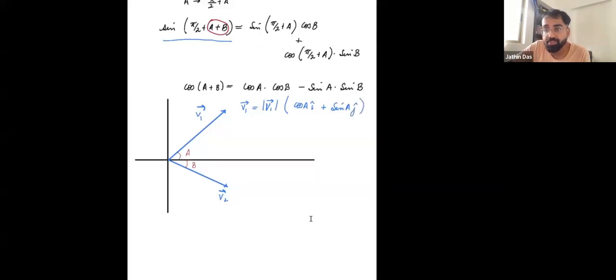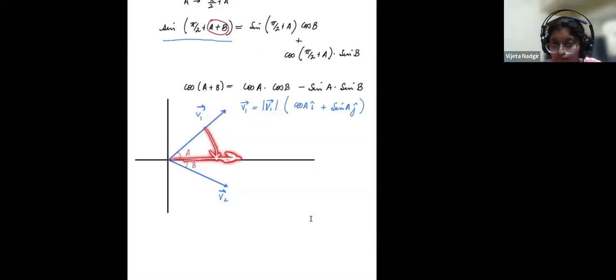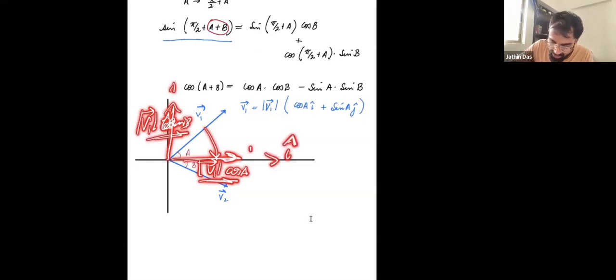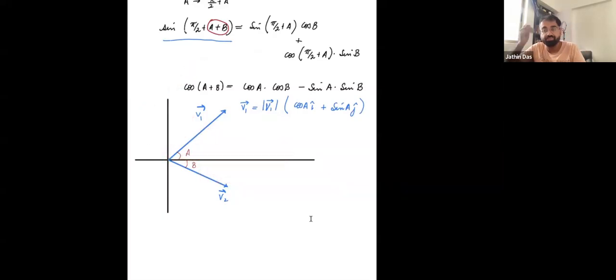Do you know this? I'm resolving the vector. So this will be V1 cos A, and this will be magnitude V1 sin A, which is upward. So this is i cap, the positive x direction, j cap, positive y direction.